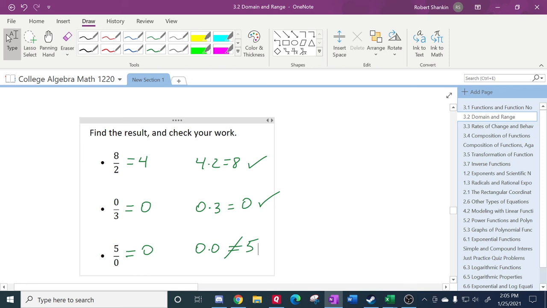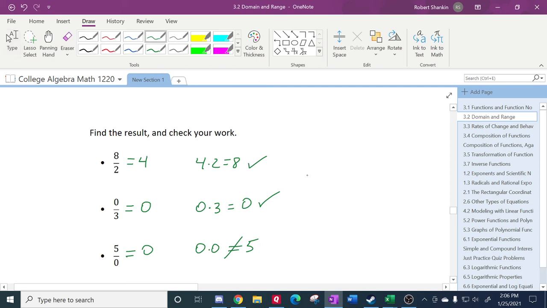It doesn't answer the question. We need to generalize this a little bit more to the real idea behind division. The real idea behind division is this. How many times bigger is 8 than 2? Or, how many 2's do you have to add to itself to get 8?